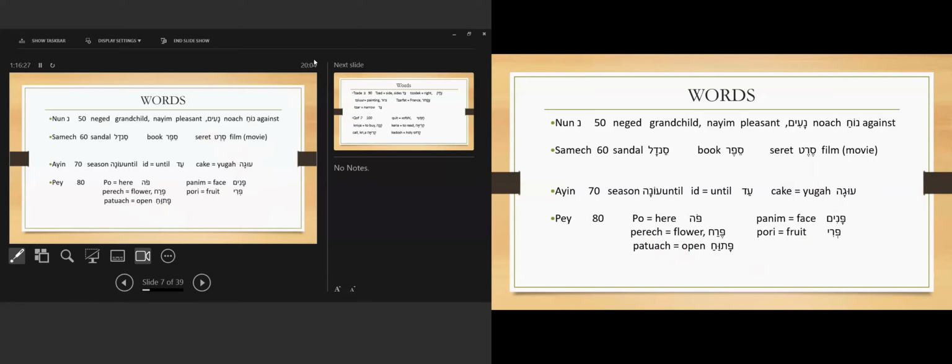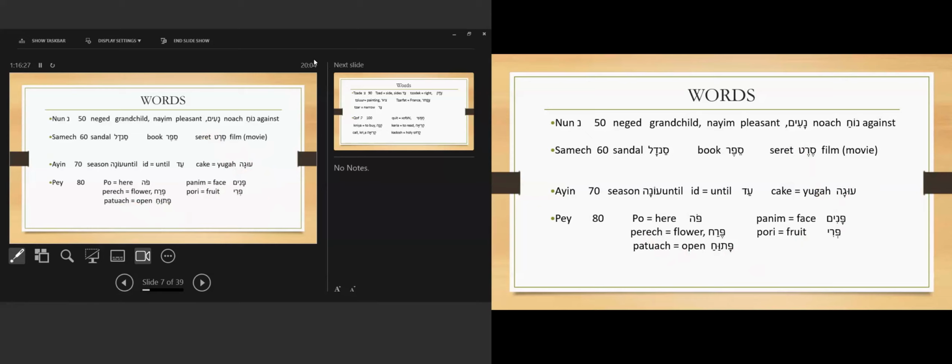Samech is 60. Let's look at how we're going to do sandal. Now, sandal is very similar in Hebrew. It's also a sandal. So I didn't write it down. Sandal is a sandal, and it is a a n d a l.